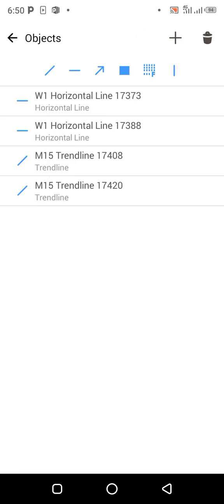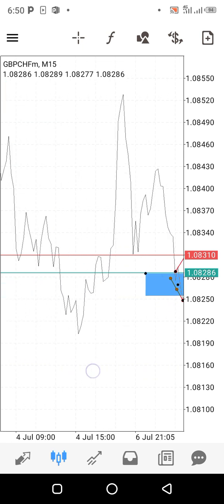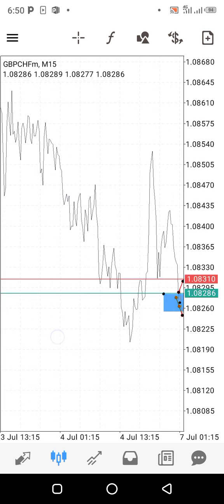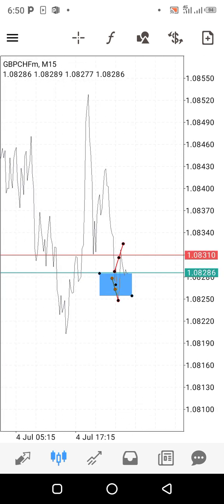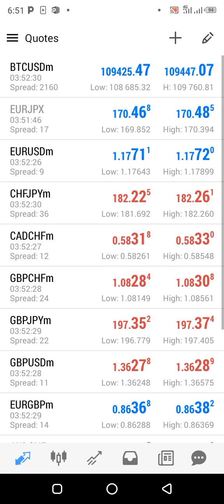In most cases, we just wait for price to pull back to the left shoulder, and then we take our buys from there. But this is M15, and remember the overall trend is really bearish.